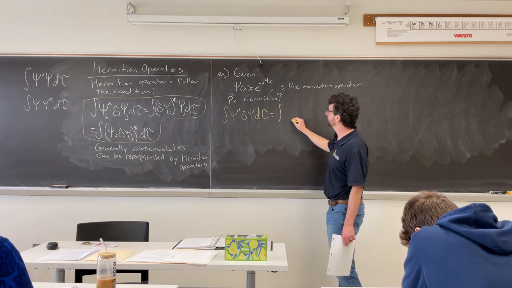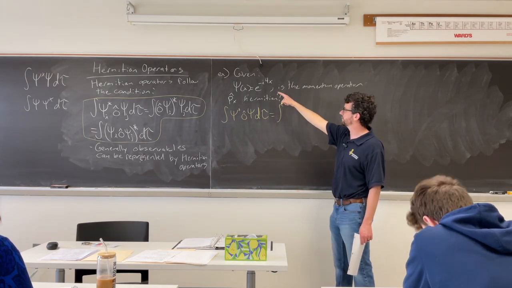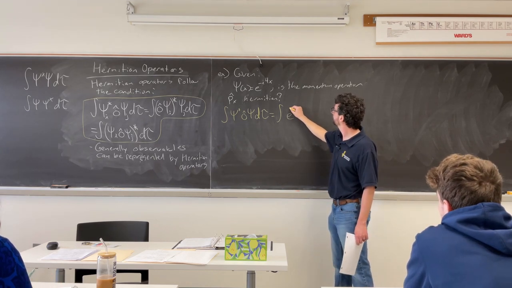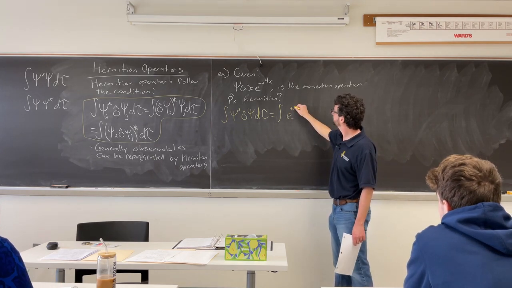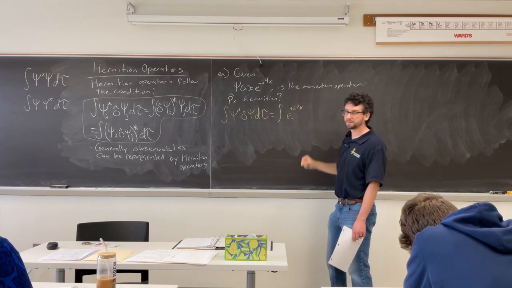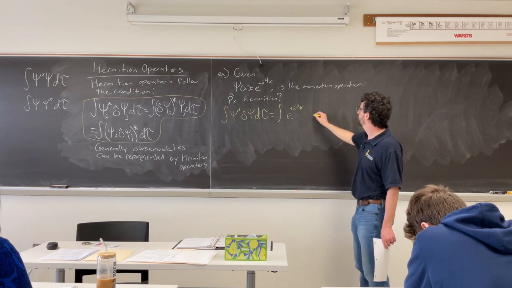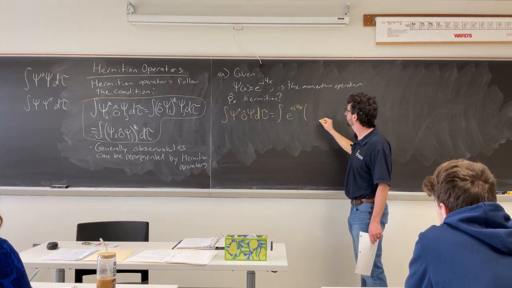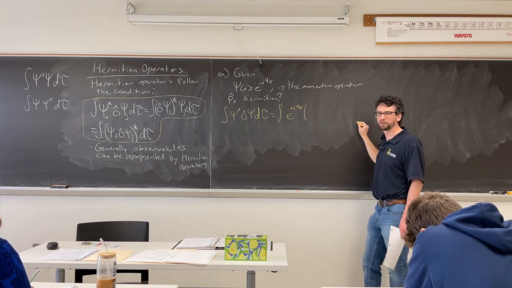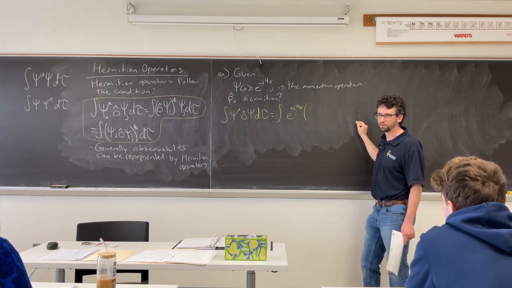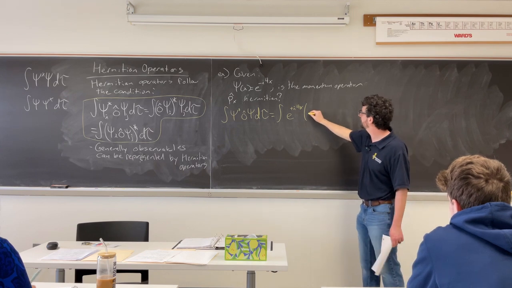Okay, we get the integral. We have to take the complex conjugate. What's the complex conjugate of this? This time it does matter because we have an i in there. Oh, that operator. You remember, or I'm sorry, this is actually p_x hat. Look back in your notes, what was p_x hat?